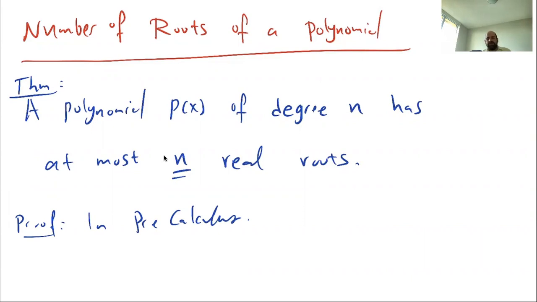So a polynomial of degree 2, for example a quadratic function, has at most 2 real roots, or a polynomial of degree 3 has at most 3 real roots, and so on. This is a fact that you learn. It's an implication of the division algorithm for polynomials. You can use it to prove this theorem. I normally prove this in my Math 100 class, the pre-calculus course.